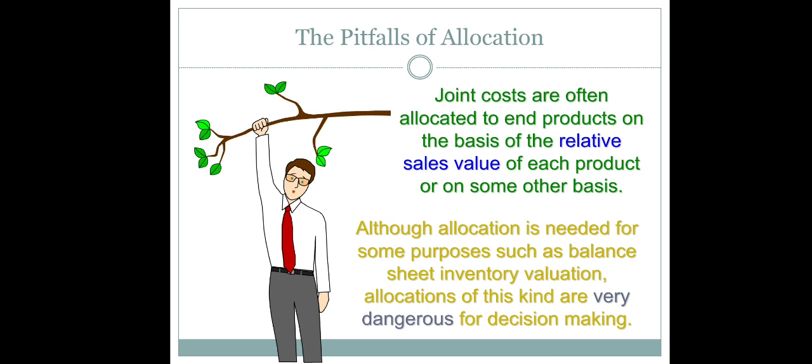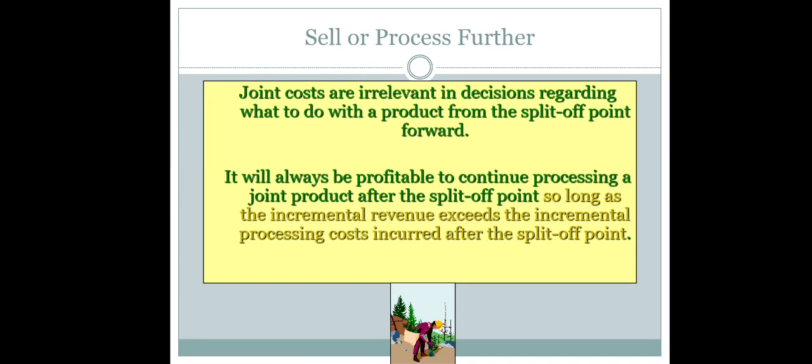Joint cost is the cost that has been paid before. It will not affect your decision in the future. Okay, you will see that point later when you see the sample question. The decision is called sell or process further.